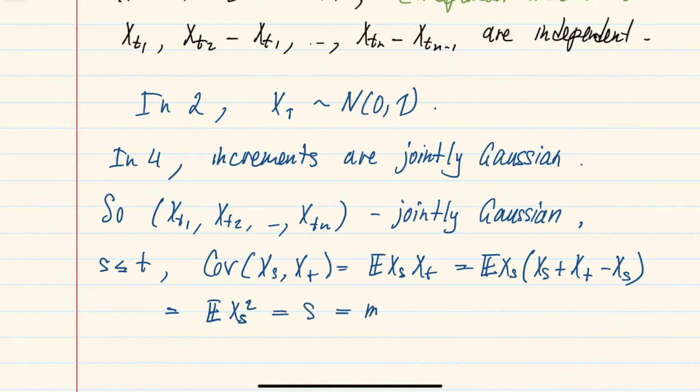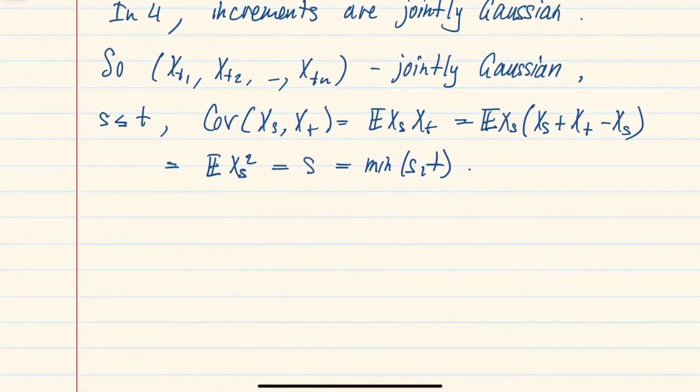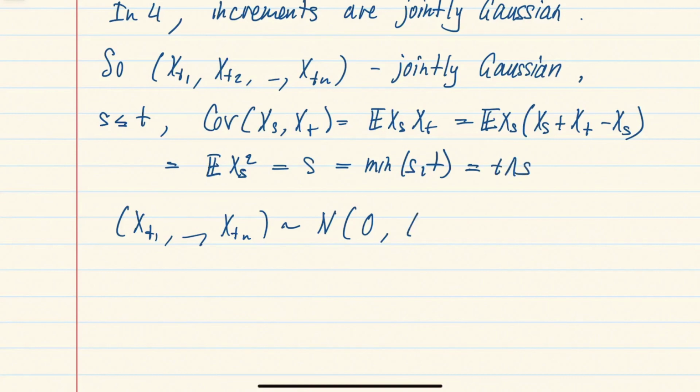And you can write this as the minimum of s and t if you do not want to specify that s is less than or equal to t. So in particular, this jointly Gaussian distribution of X_{t_1} up to X_{t_n} is just a Gaussian distribution with 0 mean and covariance matrix given by this minimum of t_i, t_j. Here, just to save some space, I'll write the minimum of s and t like this. So the covariance matrix is the minimum of t_i, t_j for i, j from 1 to n.